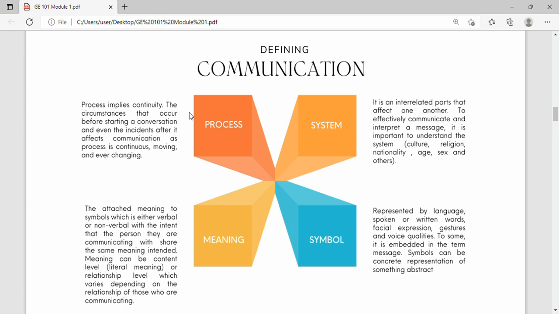Alright, so sinasabi dito na kung ano daw yung ginagawa natin before we communicate and after we communicate ay nakakaapekto sa bawat isa. For example, you are thinking about what to say to a person. Niisip mo ano yung sasabihin mo, and while you're thinking about it, wala ka sa tamang kondisyon.